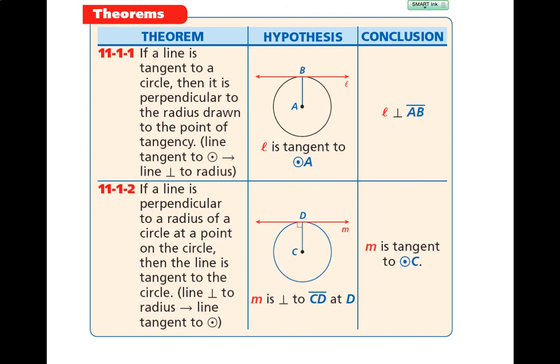First one, you have to know it's tangent, and you come up with the 90-degree angle. Got your drawings and information on those? No? Okay, first one, you have to have a tangent. Second one, you have to have a perpendicular to begin with.